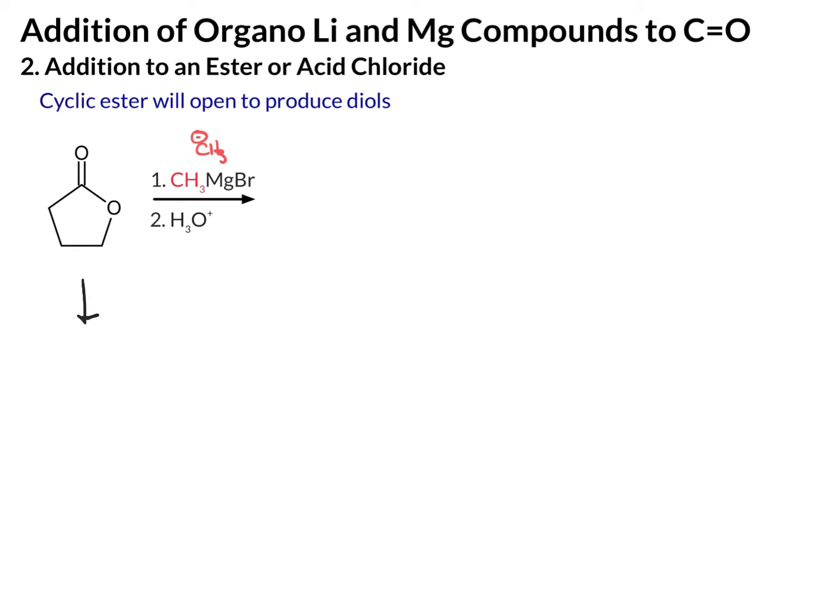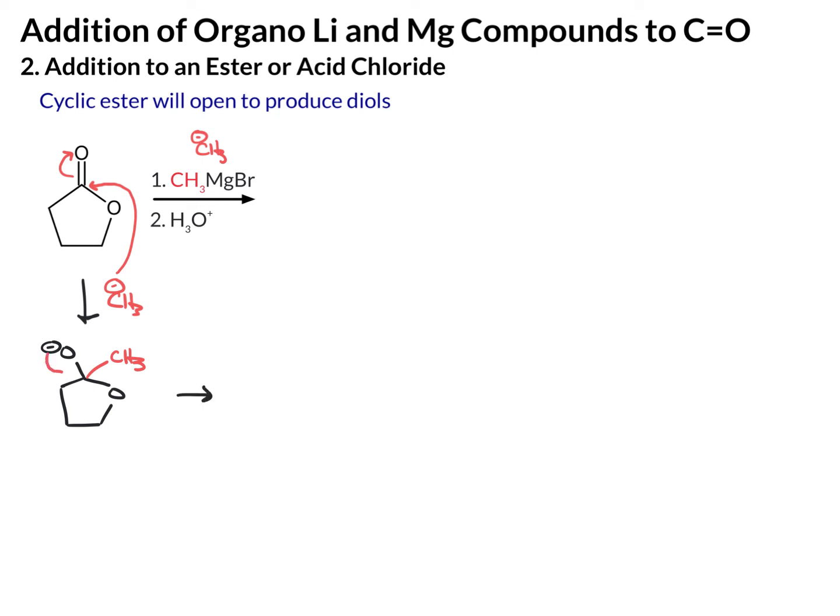The first step is what you already know. We add CH3 minus to the carbonyl. All right, from here, our leaving group is the oxygen, even though it's tethered to the rest of the molecule.